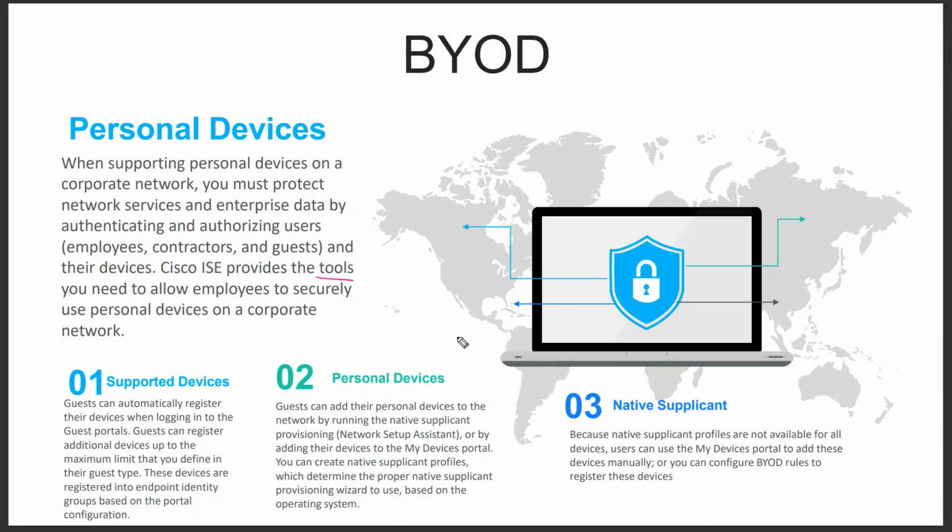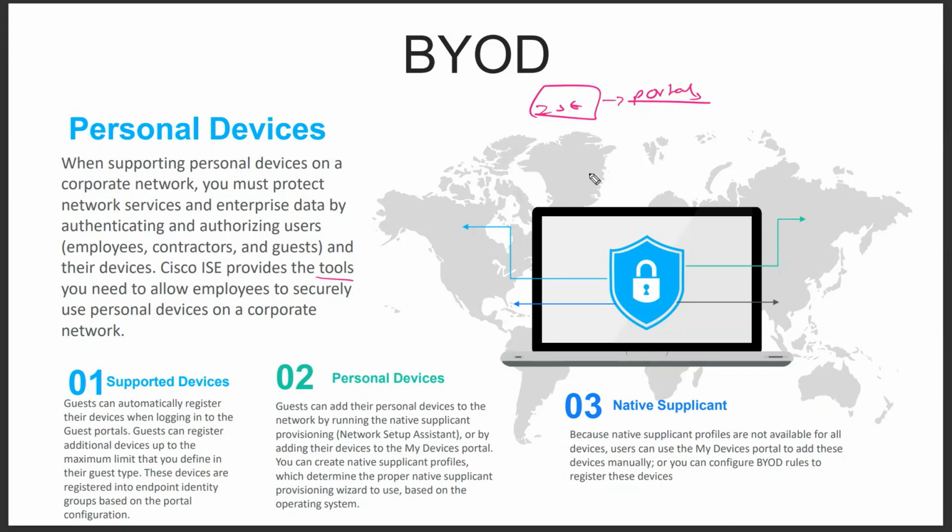Whenever the employee brings in a personal device, we want to make sure they can access ISE properly, so they can access different portals where they can report a lost device, see how many devices have been registered, and see if there are any blacklisted devices.